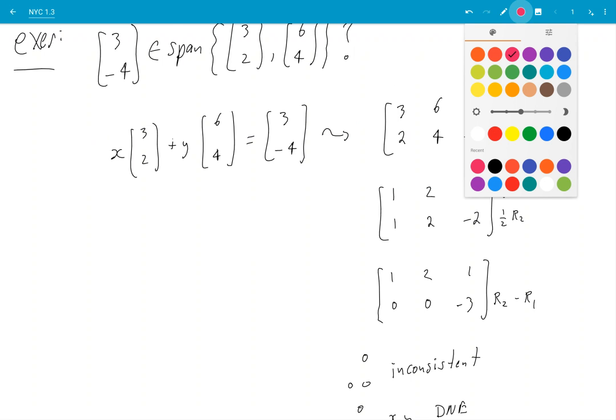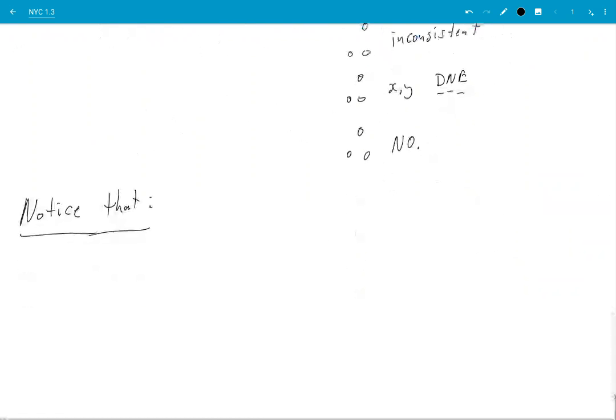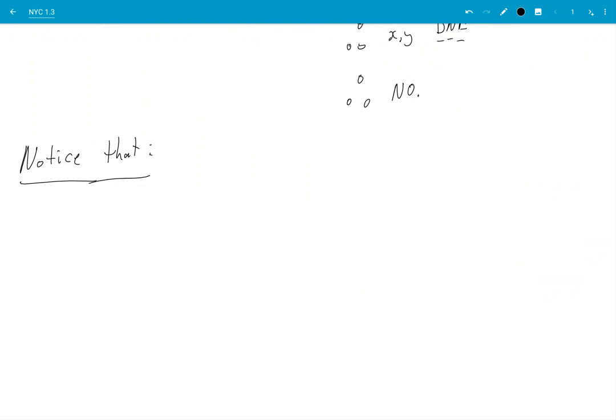So if you start with what's called a vector equation, let's be consistent here.